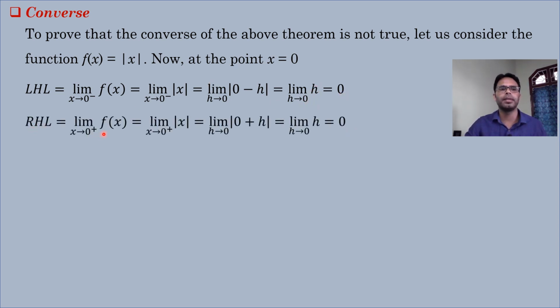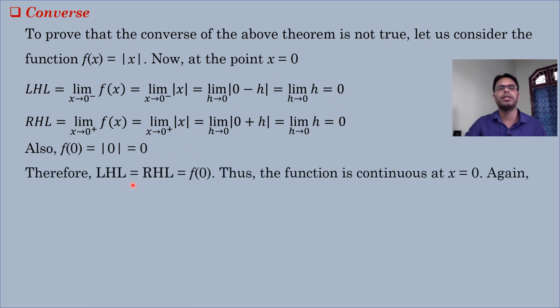Similarly, the right hand limit is also 0. Similarly, f(0) is the modulus of 0, which is also 0. So left limit is 0, right limit is 0, and f(0) is also 0. All these three are equal, therefore LHL equals RHL equals f(0), thus the function is continuous at x equals 0.